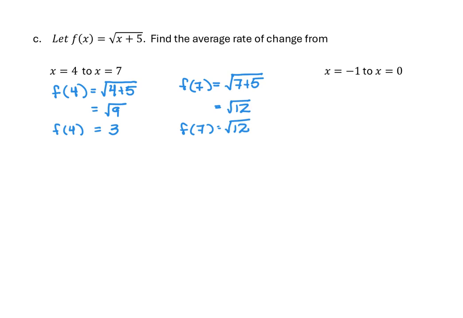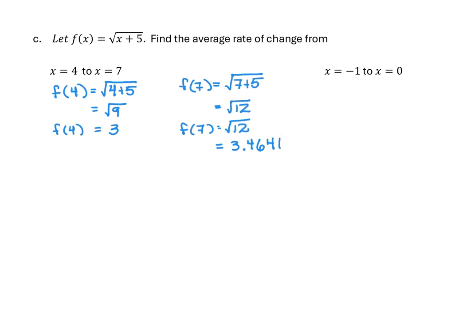If we go ahead and approximate this, we have the square root of 12 is approximately 3.46, and you'll want to make sure that you double check how many digits you want if it's asking for an approximate value.